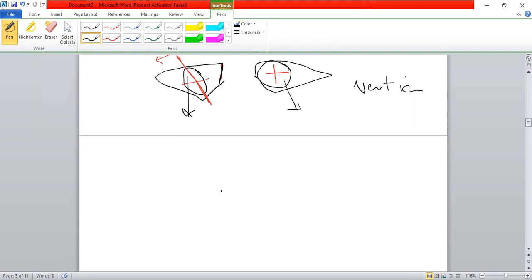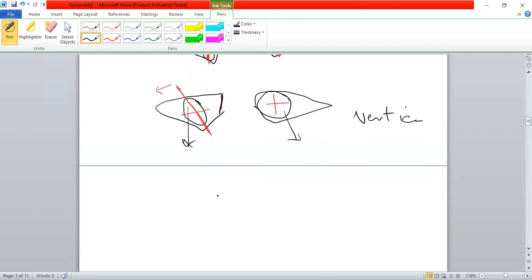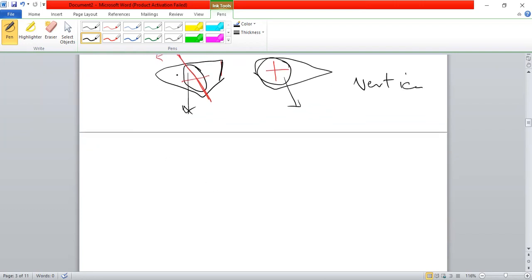Suppose here is the problem. These will be the two eyes of the patient. Suppose there is a problem here and there is no problem over here. There it is normal.